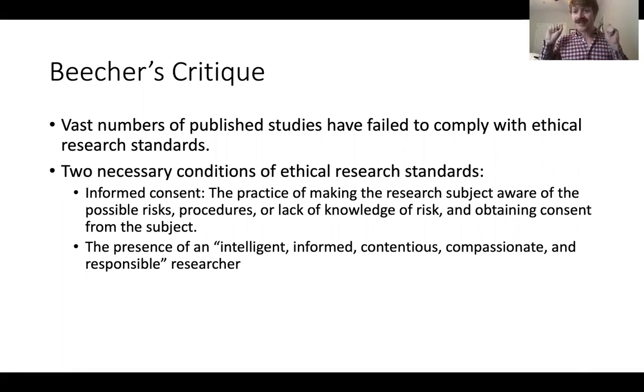So the subject has to have an understanding of the risks and then has to consent to the imposition of those risks. Essentially, the subject has to consent and know exactly what it is that she's consenting to.